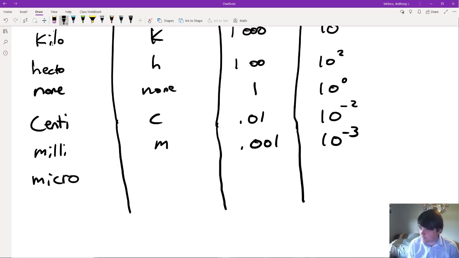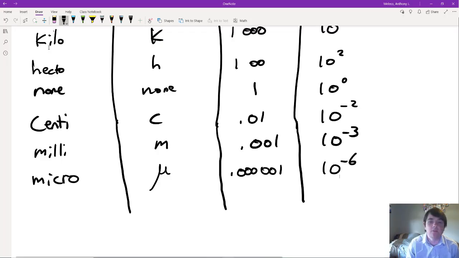There's micrometer, okay? This one uses this fancy looking U, and it's actually called a mu, kind of like the Pokemon, Mew. And this would be 10 to the minus 6 meters.